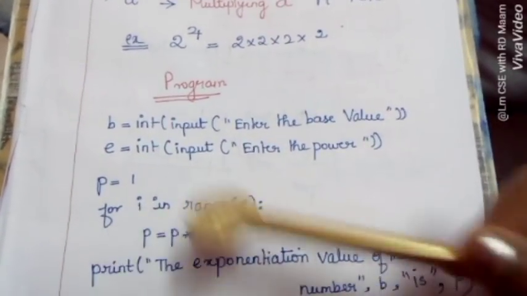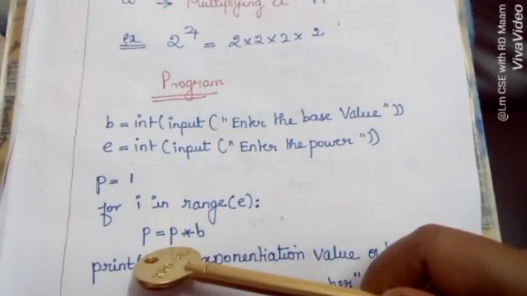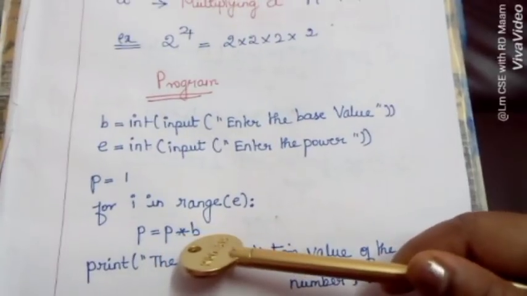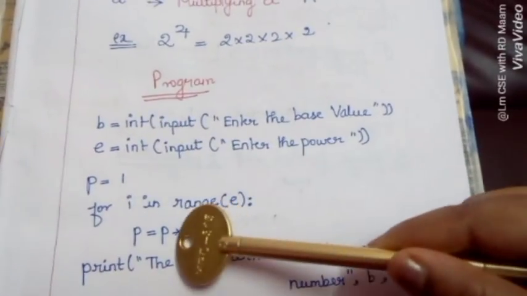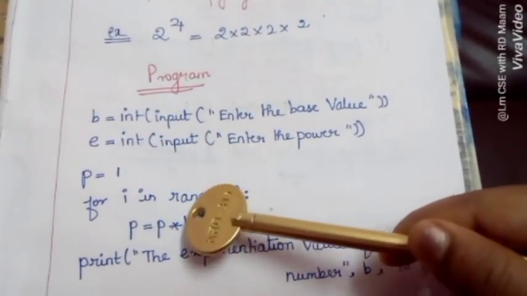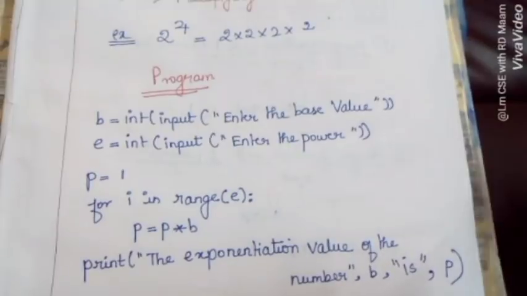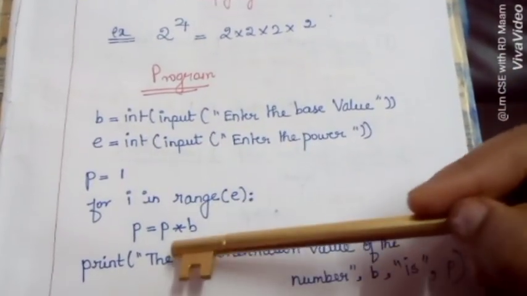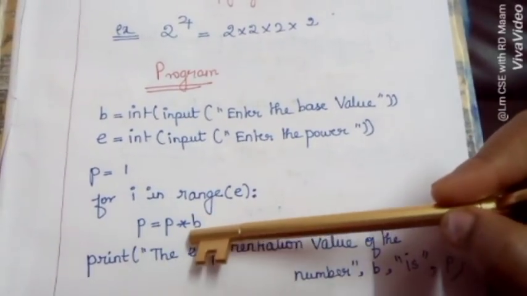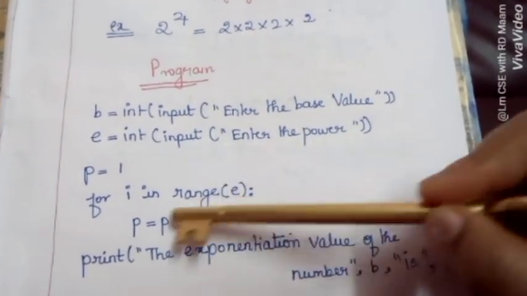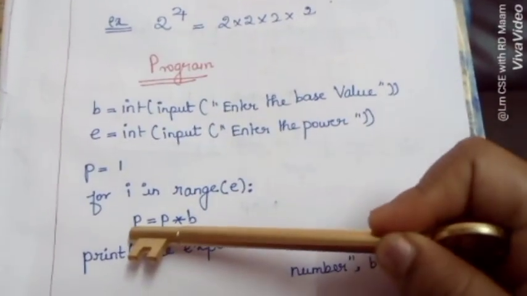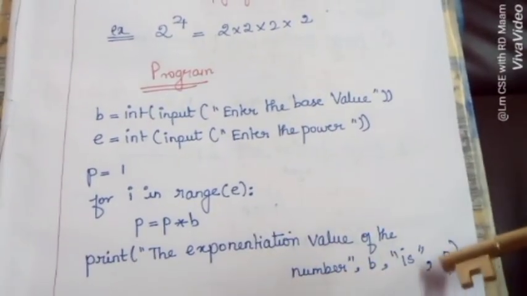For each time the for loop executes, you're going to find out the power. p is equal to p into b. For now p is 1, so 1 into base. 1 into 2 is 2, so my p is updated from 1 to 2. For each iteration, this p will be updated, and finally when this for loop is exhausted, this final p will be my exponent value.